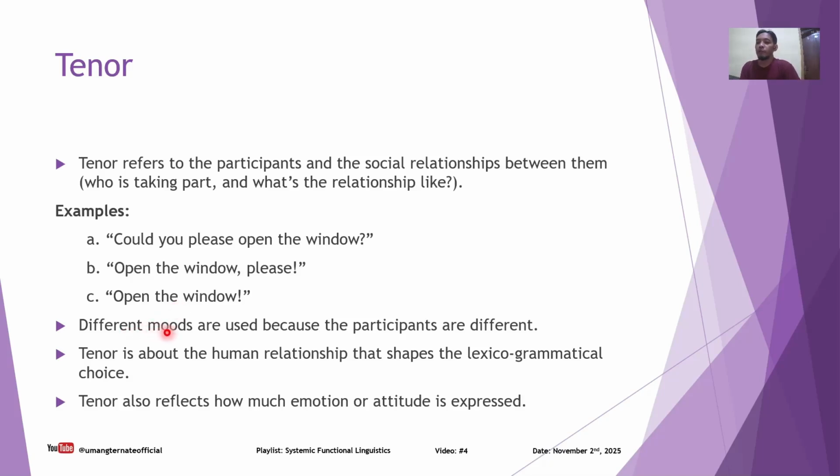We can see that different moods are used because the participants are different. What does it mean? The mood here, for example A, is interrogative, as if it is a question, but it is a request. Meanwhile, B and C are both commands, but B is a soft command while C is a straight or direct command.